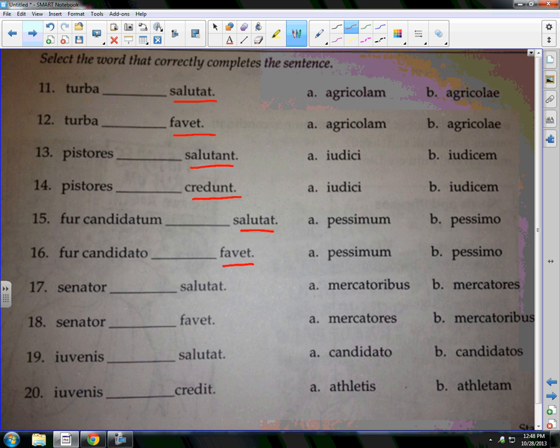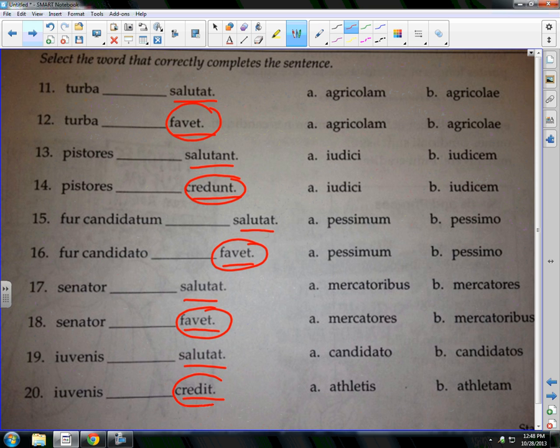Here are all my verbs. And this is how easy this should have gone for you. We talked about favet and credit as being verbs that take the dative and not the accusative. So guess what? Favet takes the dative. Credit is going to take the dative.